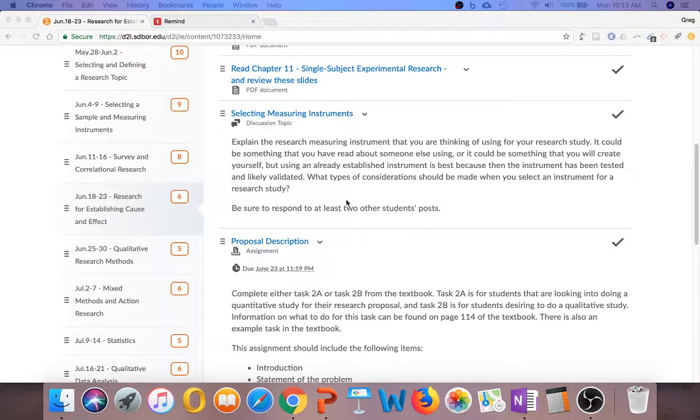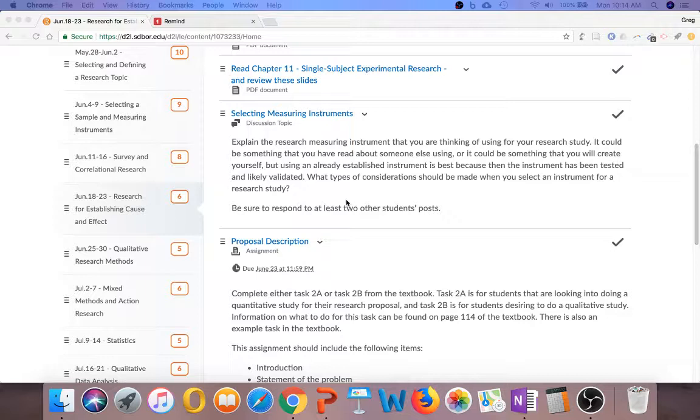Explain the research measuring instrument that you are thinking of using for your research study. It could be something that you have read about someone else using, or it could be something that you will create yourself. But using an established instrument is best because the instrument has been tested and likely validated. So consider looking for different instruments in preparation for this discussion, and talking about which one you might use out of the things that maybe you've read about or heard about.